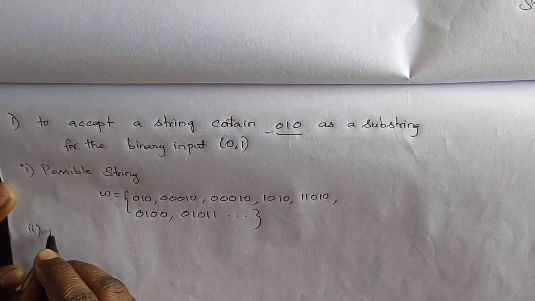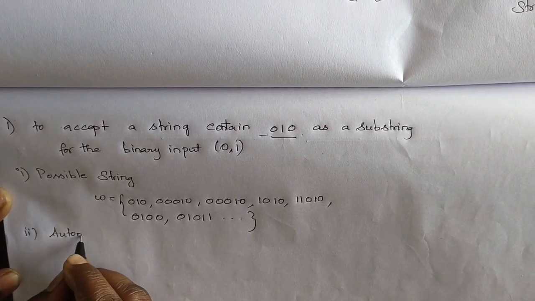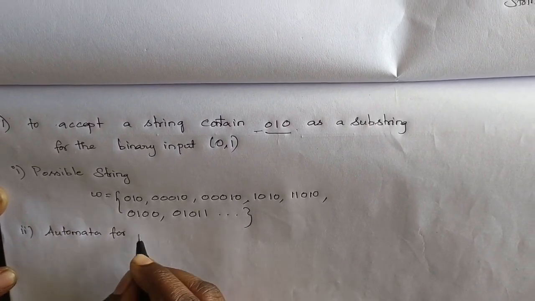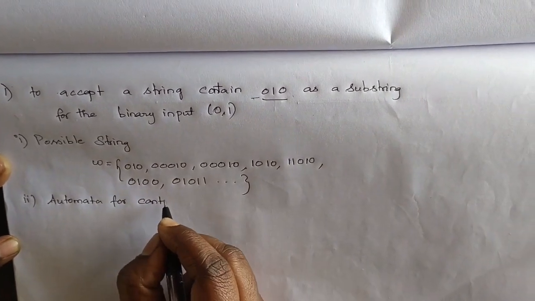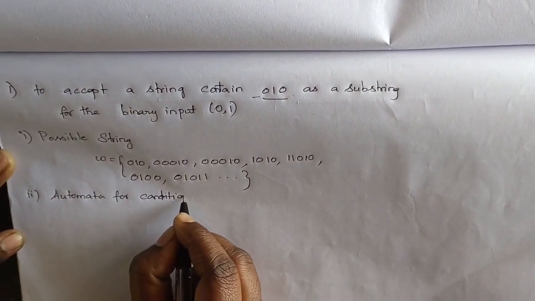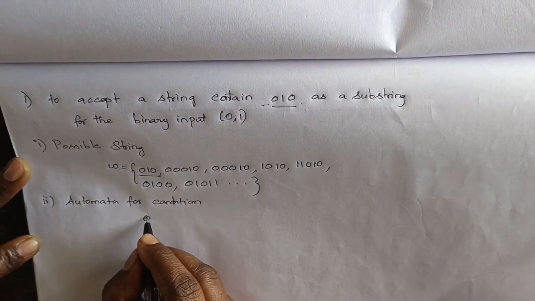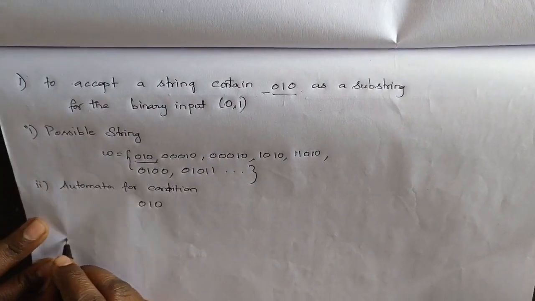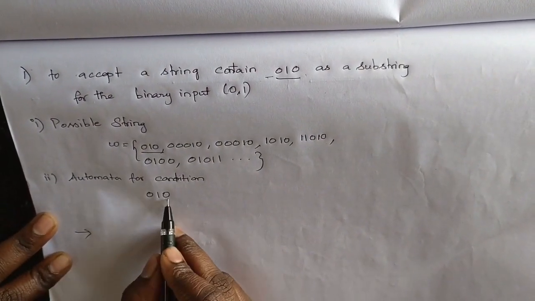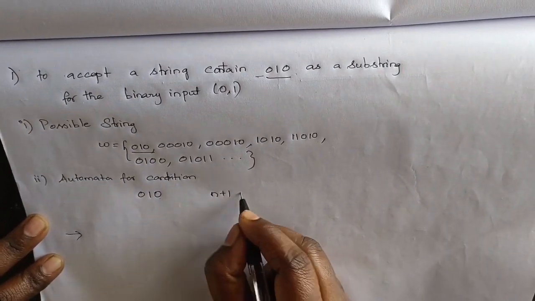Second, the automata for the condition. The condition is 0, 1, 0. For n number of inputs, we need n plus 1 number of states.